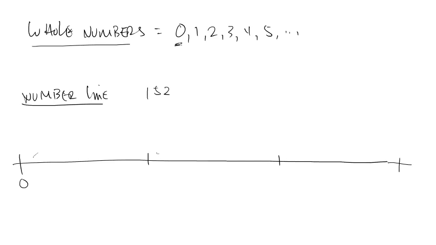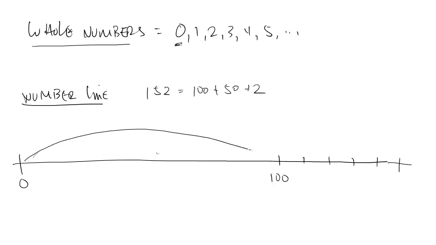So we could do this also using our idea of expanded form. And this is a really common exercise that you'll see students being asked to do at the elementary grades, is to show where a number is on a number line using this idea of expanded form. And so we know that our 152 is 100 plus 50 plus 2. And so we could show this as this 100.